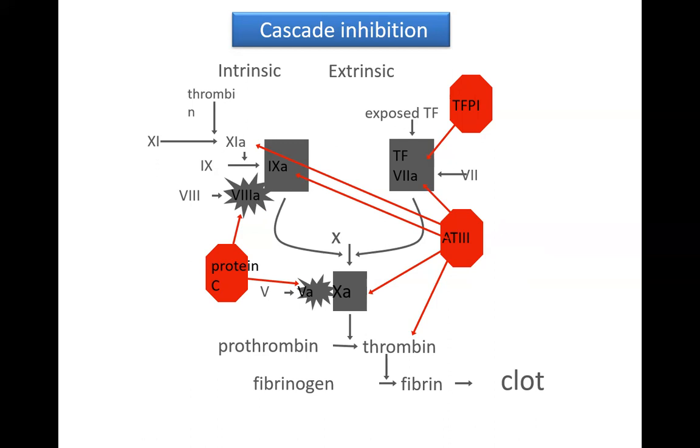Then protein C, protein S, tissue factor pathway inhibitor, and antithrombin 3 are there to inhibit the activated forms of all these clotting factors, and that prevents further clot formation. That is normal physiology. Let's take this concept and put it into pathology. If these proteins are not there, for example, protein C is not there, or protein S is not there, or antithrombin 3 is not there, what will happen?